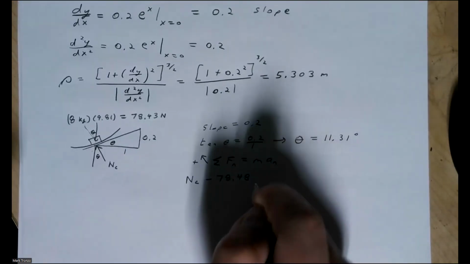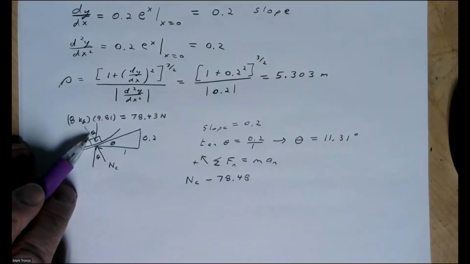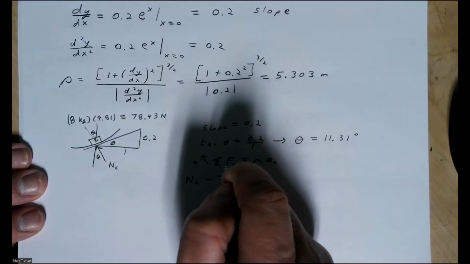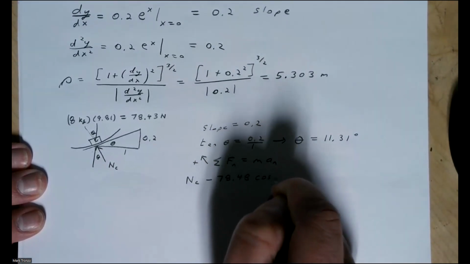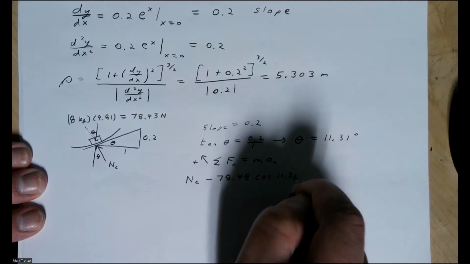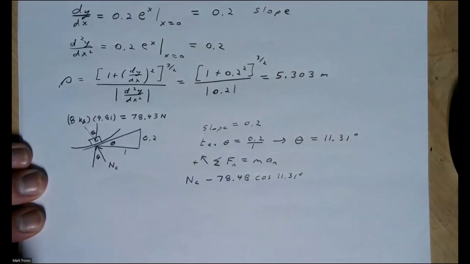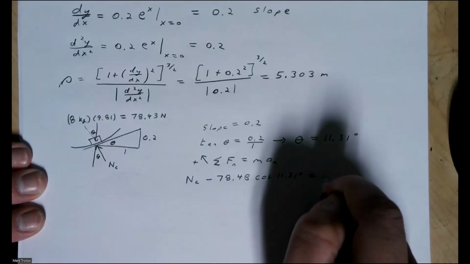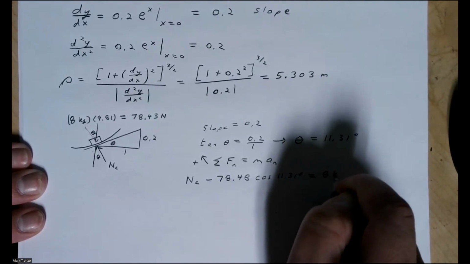To get in the normal, it's going to be cosine of theta, or cosine of 11.31 degrees, equal to m a. That's going to be 8 kilograms.